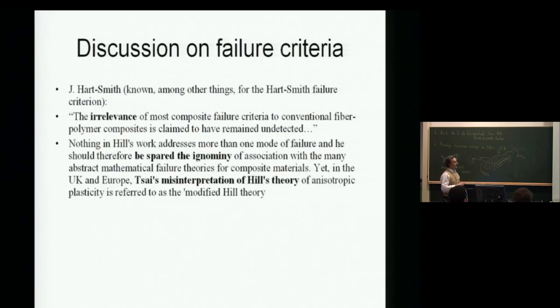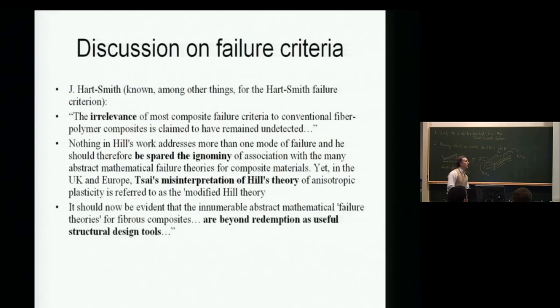Nothing in Hill's work addresses more than one mode of failure, and he should therefore be spared the ignominy, this is a New Zealander speaking, of association with the many abstract mathematical failure theories for composite materials. Yet, in the UK and Europe, Tsai's misinterpretation of Hill's theory of anisotropic plasticity is referred to as the modified Hill theory.